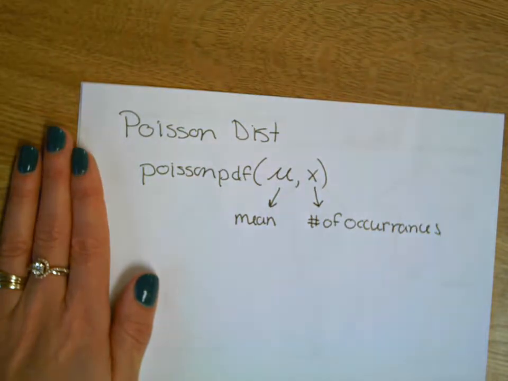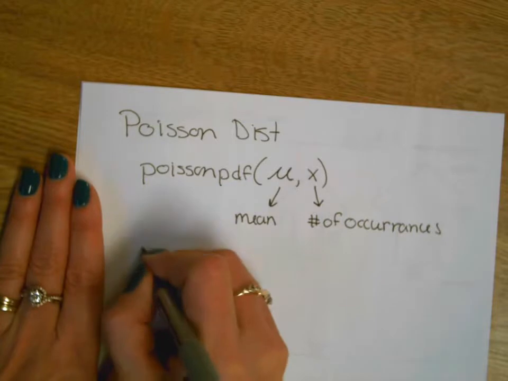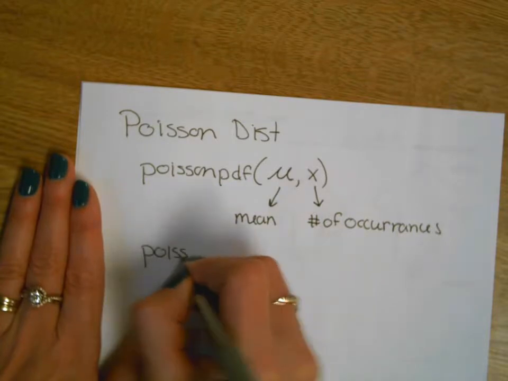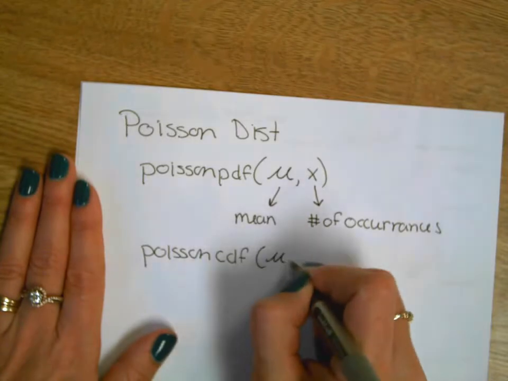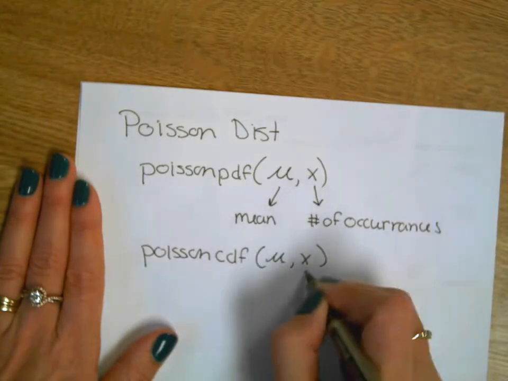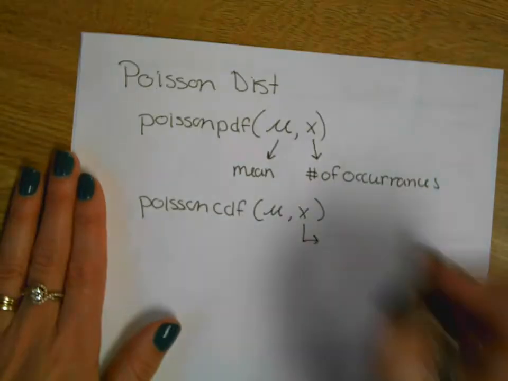That will give us the one probability. And then the Poisson CDF, and again, this will add starting from 0 occurrences through whatever x number you put in.